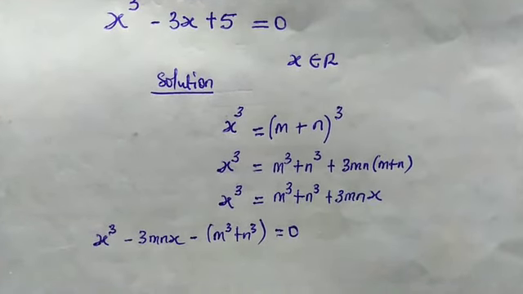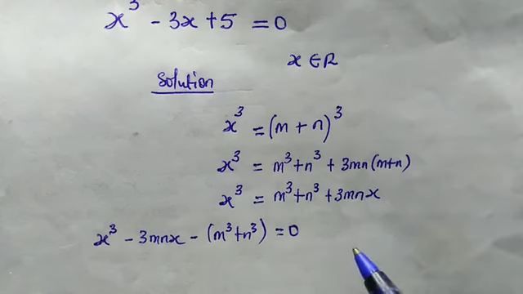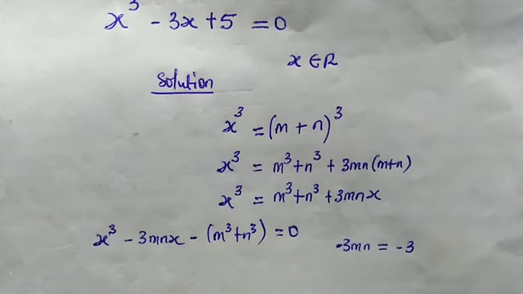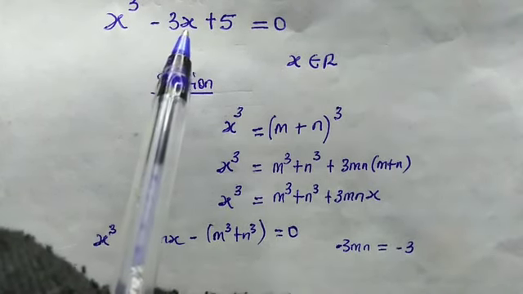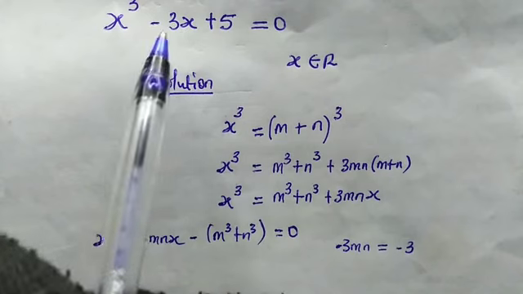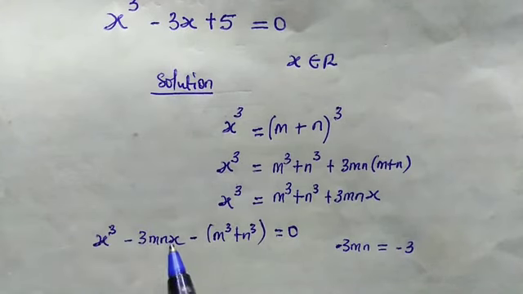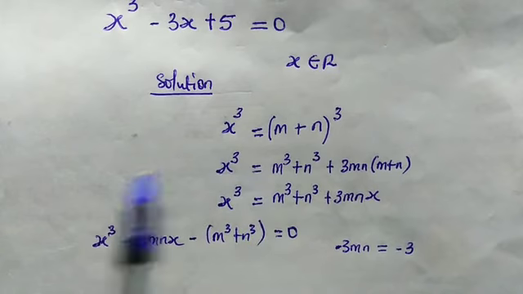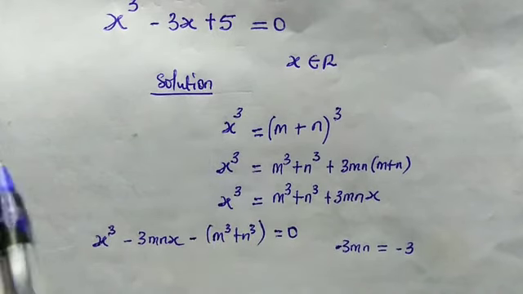So here we go. We have to set negative 3mn to be equal to negative 3, because the coefficient of x in the given cubic equation is negative 3, and here the coefficient of x is negative 3mn. Now let's go to the constant 5.